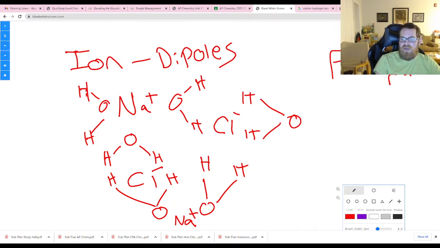For our dipole-dipoles, we have partial charges. For our hydrogen bonds, we still have partial charges, but they're just bigger. And lastly, for our ion dipoles, we have one full charge and one partial charge. It just keeps pushing the force up.